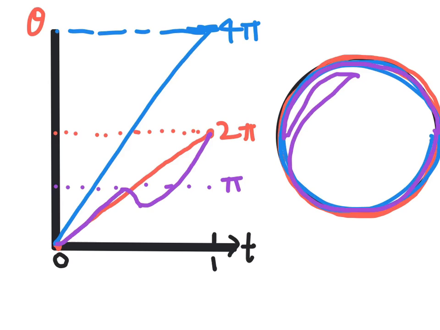So you can see, okay, these two loops, this red loop and this purple loop, are essentially the same. They're homotopic. And the graphs of the angles look more or less the same in the sense they start at 0, 0 and they end at 1, 2 pi. Whereas this other loop ends at 1, 4 pi.